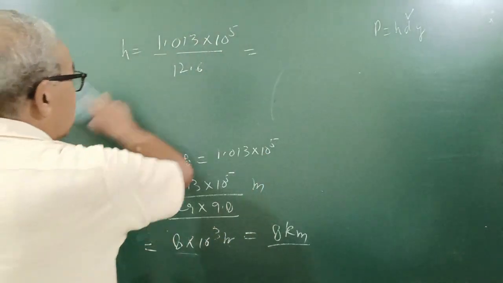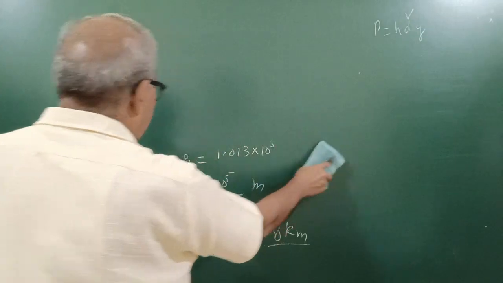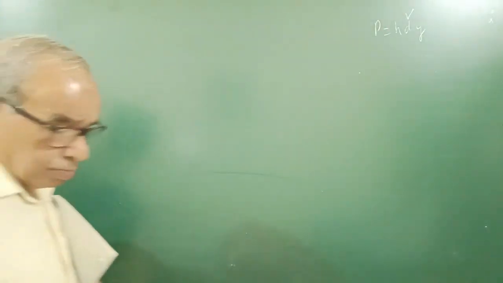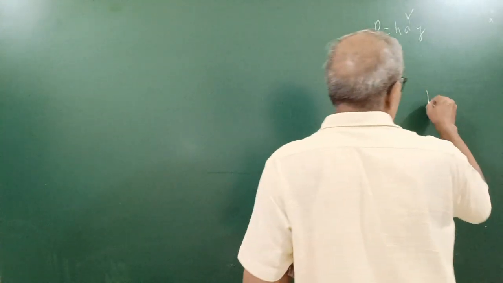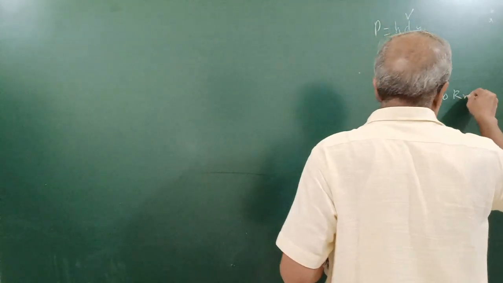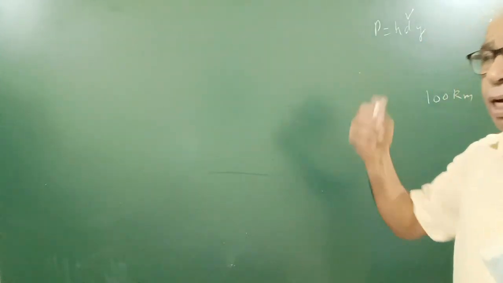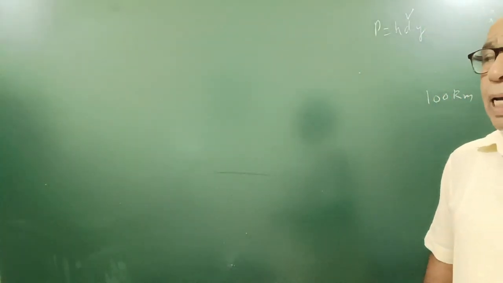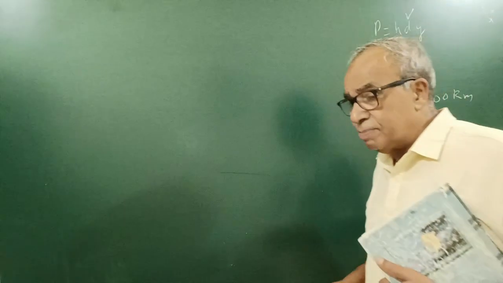Nearly 400 kilometers is our atmosphere, up to 100 kilometers. Actually up to 100 kilometers the density of air keeps on changing. Above that, density of air also, because it is the ionosphere there. Gases are highly compressible.